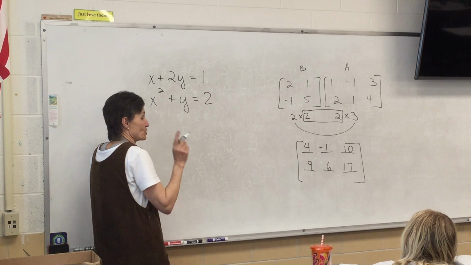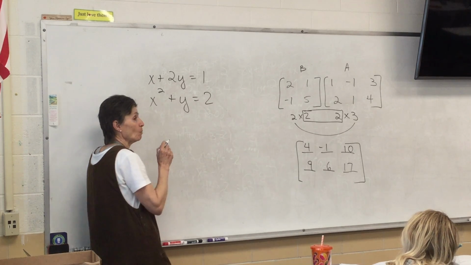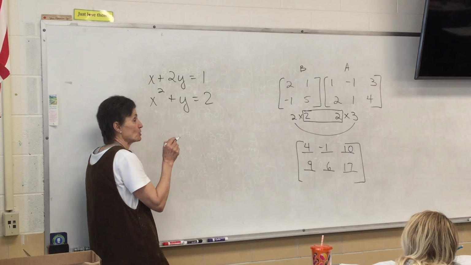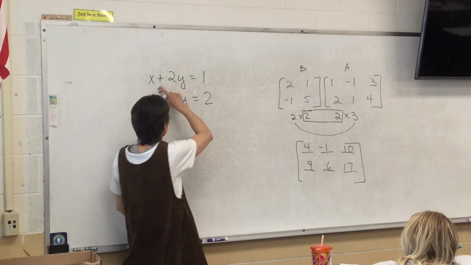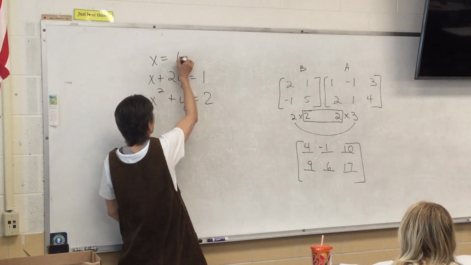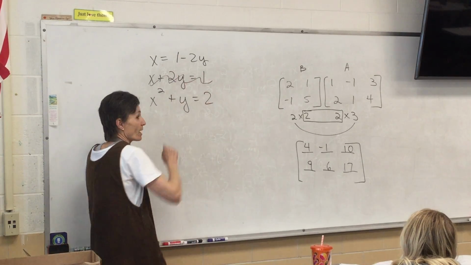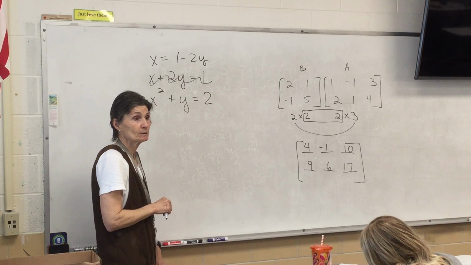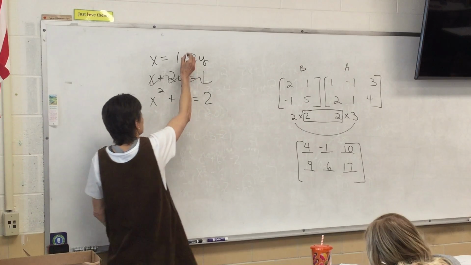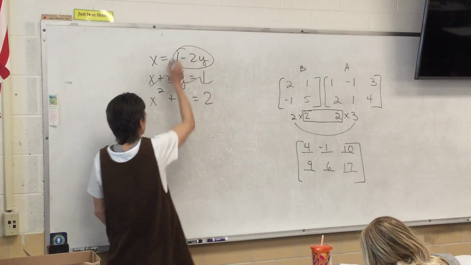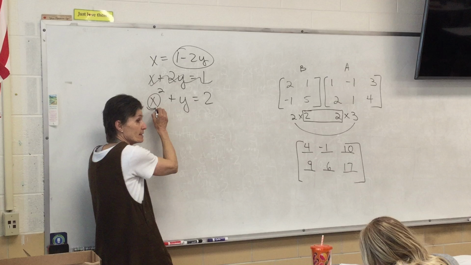Okay, so what Sir is suggesting, he wants to do substitution. So he says, I'm going to get this x by itself. Take that equation and subtract the 2y. Is that okay with you? And then he's going to take this right here and substitute it in right here.